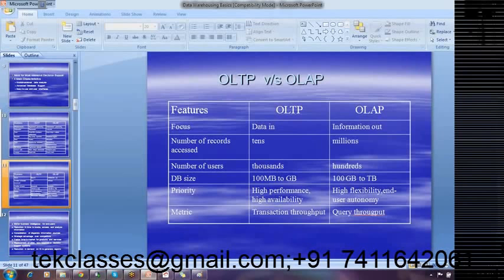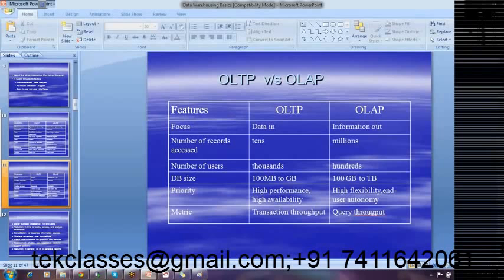If you have more records, obviously it will require more memory to store the data. That is your terabytes of data, whereas your OLTP database sizes will be in gigabytes.